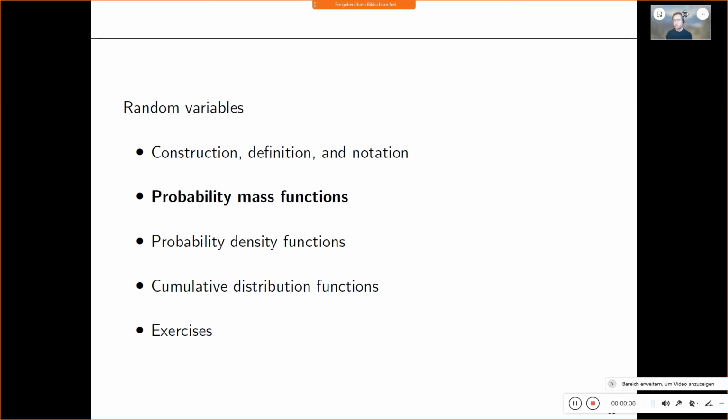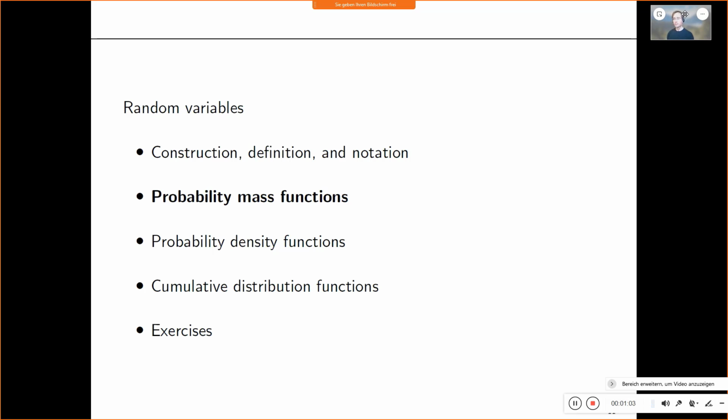Okay, then let's continue. I think what I tried to explain there in the end, before the break, was actually the notion of a probability function, and the question of distribution functions. That's a little bit weird, and the most important concepts are the things that we have on the slide. This is why I was confused by the question, because we will talk about probability mass functions, probability density functions, and cumulative distribution functions.